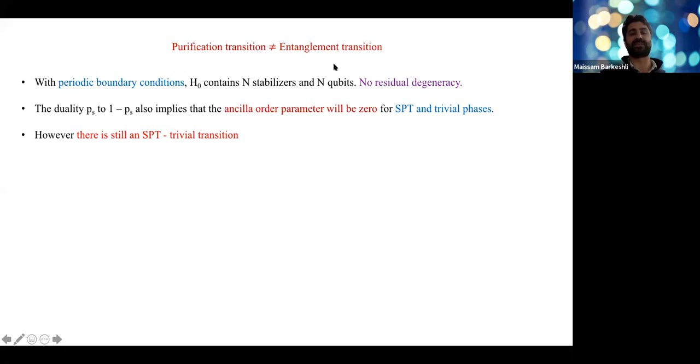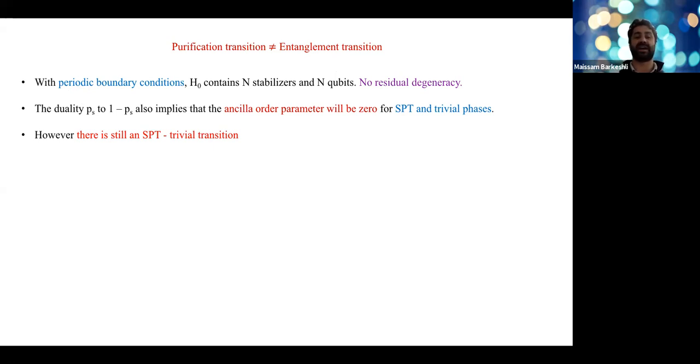One point I'd like to make is about this purification transition and the entanglement transition. When I introduced them as two sides of the same coin, it turns out that they're not exactly the same. You can have a situation where you have no purification transition, but you do have an entanglement transition. Basically, if you consider this system and you take periodic boundary conditions, then there's no residual degeneracy because you have no edge states.